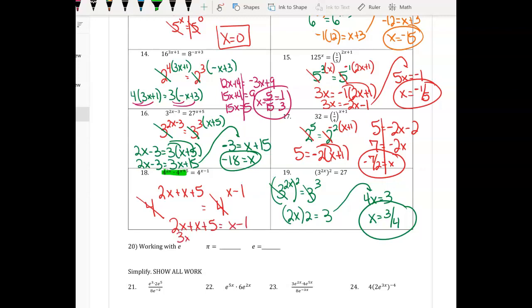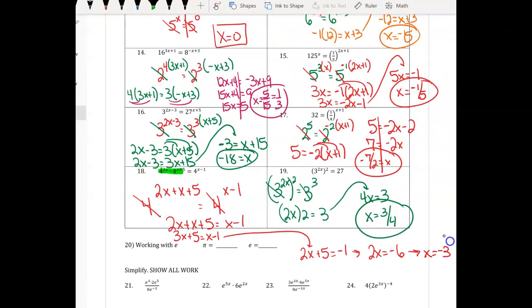So I'm going to get 3x plus 5 with x minus 1. Kind of run out of room, so I'm going to subtract the x over. Then I'm going to subtract the 5 over. And then once I divide, I get x to be negative 3.